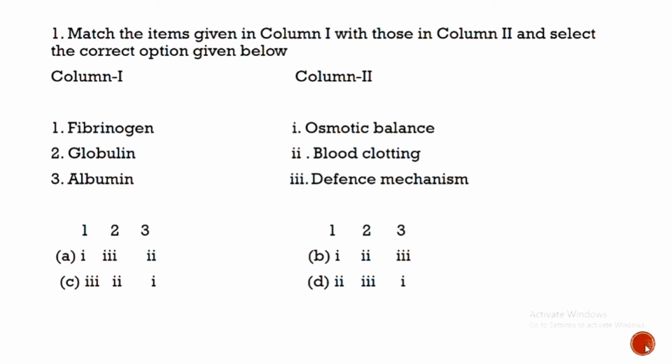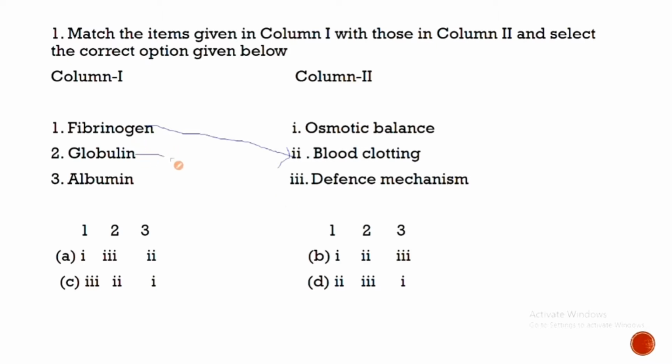So from this we can know that fibrinogen is matching with blood clotting here. And then come globulins. Globulin is a simple protein that forms a large fraction of blood serum protein involved in defense mechanism. Yes, globulin is involved in defense mechanism.